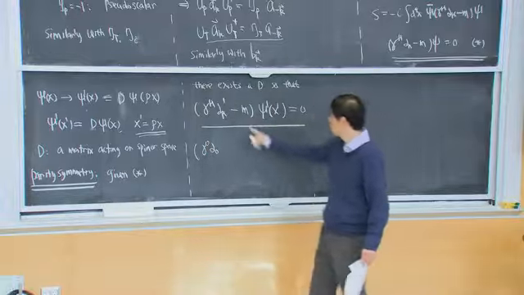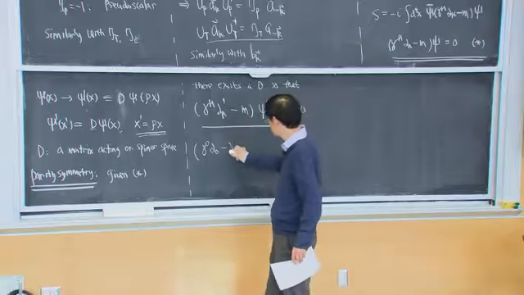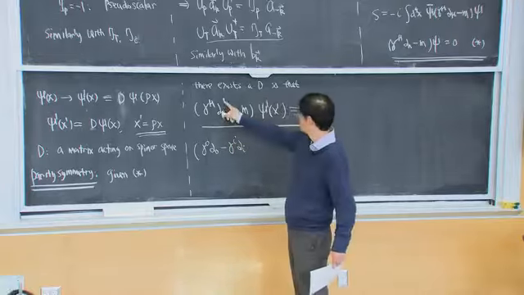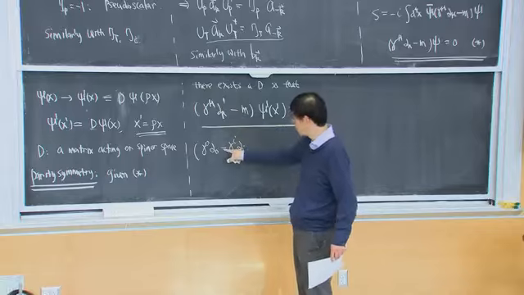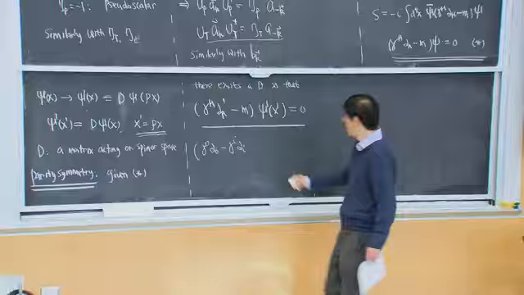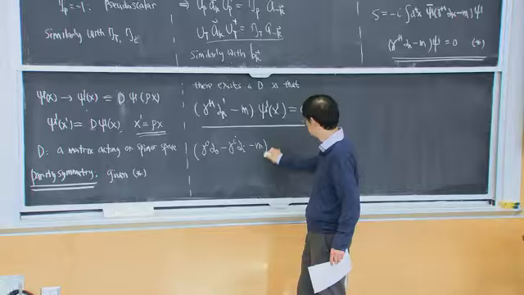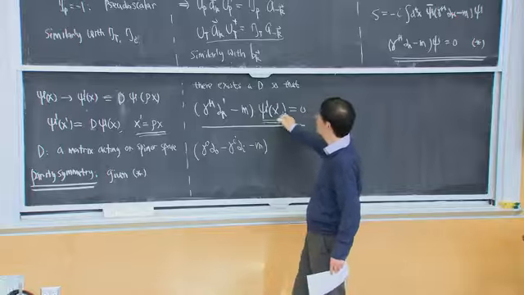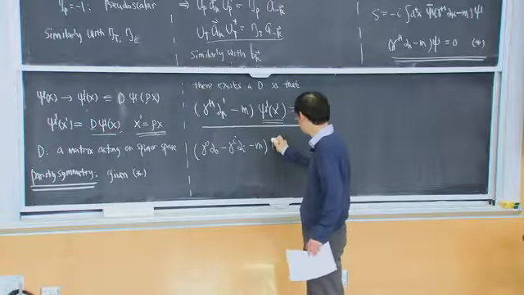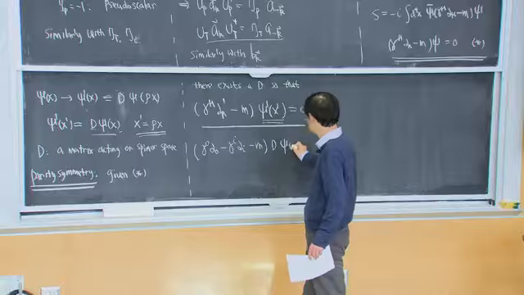Then you flip the spatial direction, so this becomes minus gamma I, partial I. I remove the prime, but I have a minus sign here because you change sign. And minus m, and this one, from our definition, should be equal to D psi x.